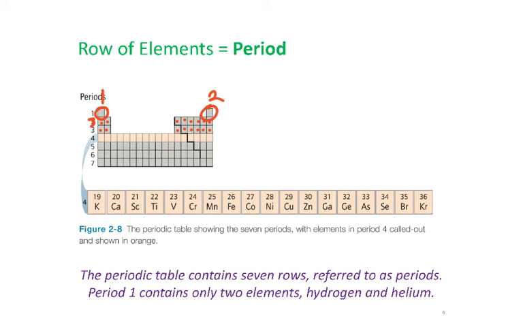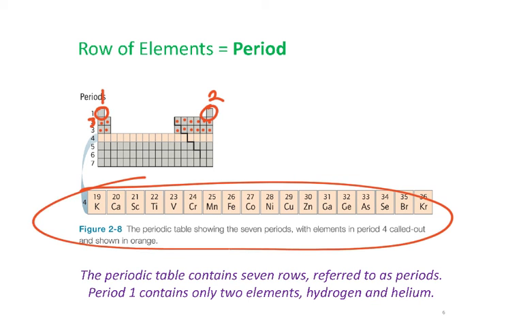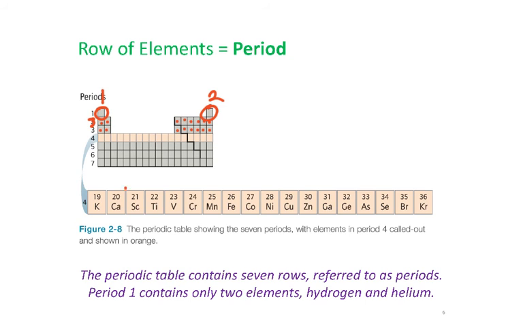And then once we get to 4, we now have a complete full row across. And so period 4 is shown here in the inset. And it has 18 elements. So in a similar way as before, it has the same 2 in the main group here.